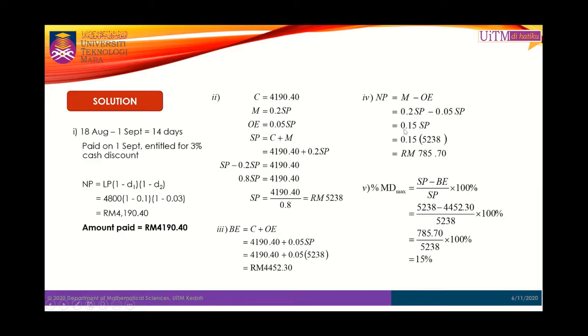Note that the maximum markdown percent is also 15%. So that is why I said just now, if you know that the net profit is a percentage based on the selling price, then the maximum markdown percent will take the same percentage.